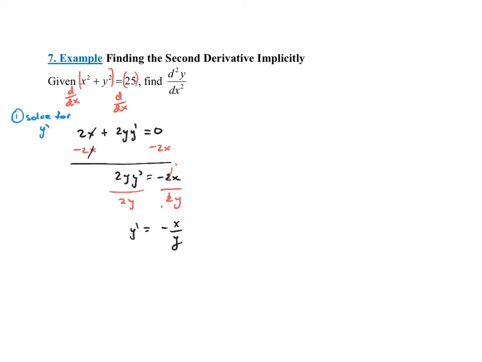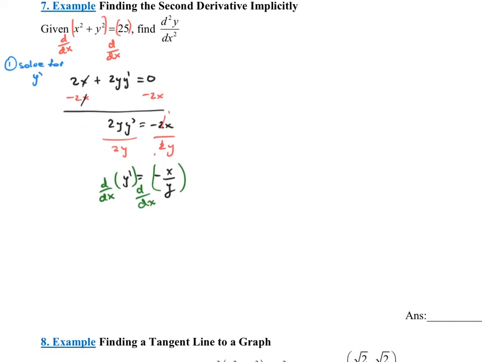Okay, now what do I do now that I have this part? Now I want to do the derivative again. So I'm going to do this in, let's say, green. So I want to take the derivative with respect to x again of both sides. The derivative of y prime would be the second derivative, y double prime, which is what we're looking for, right?